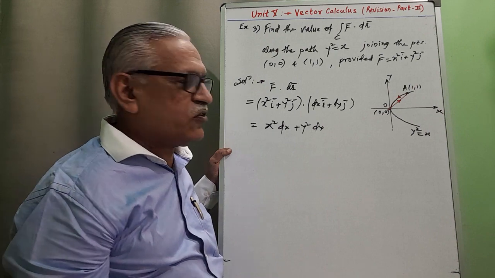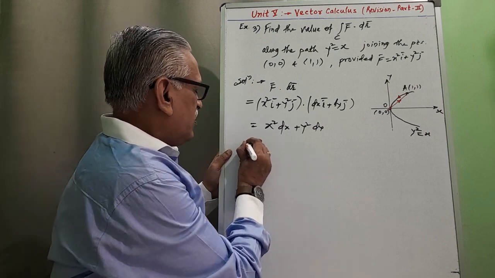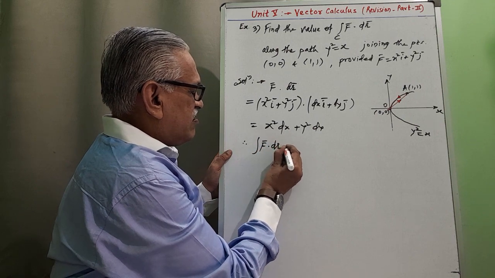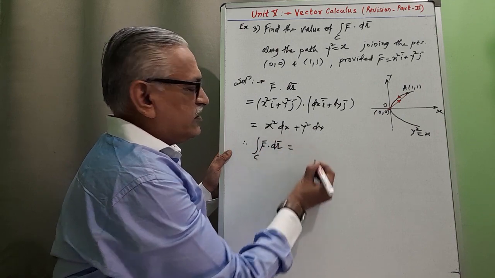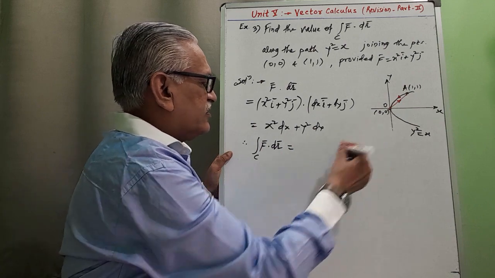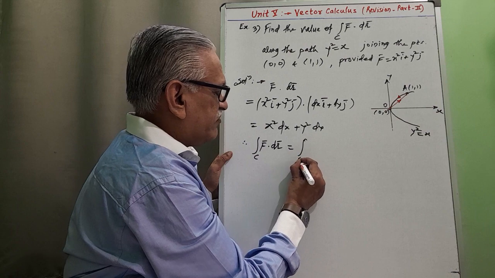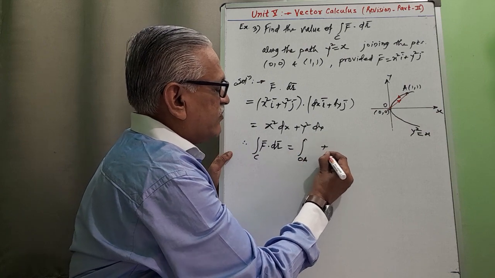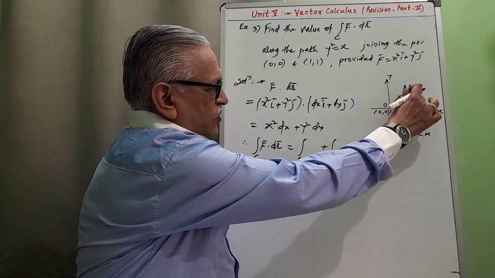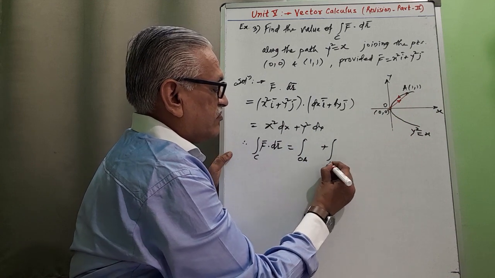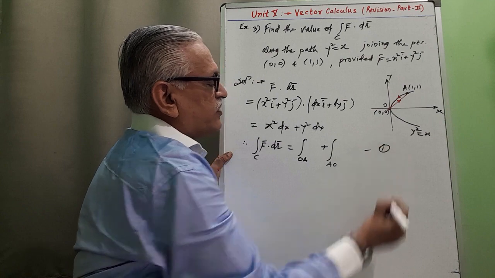That is the value of F bar dot dr bar, and therefore the line integral of F bar dot dr bar over the curve C is the sum of the two line integrals: the line integral over path OA plus the line integral over path AO. We call this equation 1.